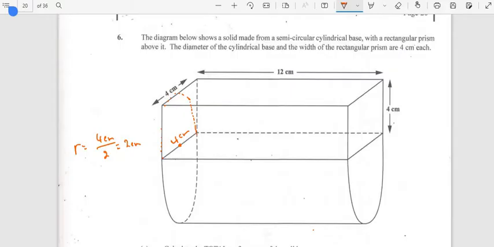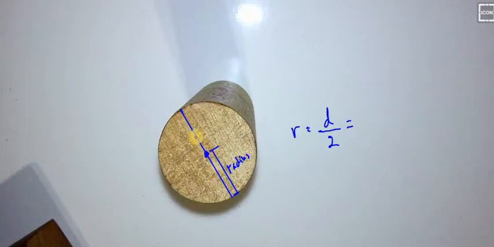Hope that is clear. So the same thing that we have here: if this is 4 centimeters all the way through here, then this is going to be 4 centimeters, the diameter, divided by 2, which gives us 2 centimeters from the center to the end. And hopefully that's helpful for you to understand and visualize.